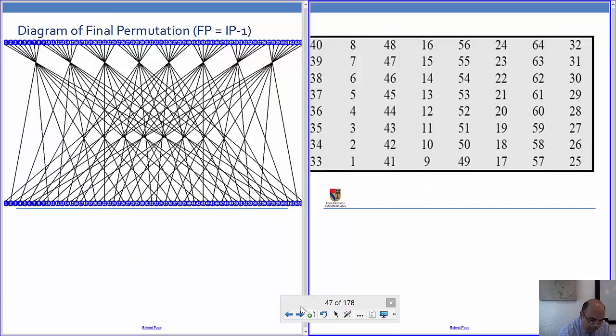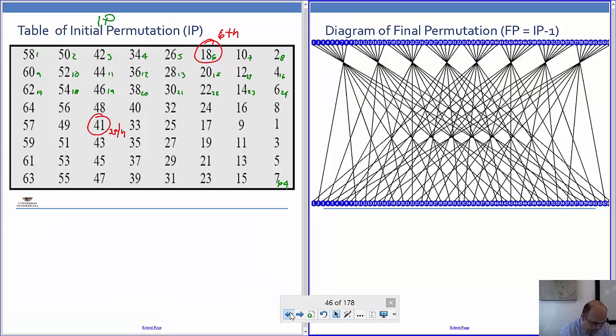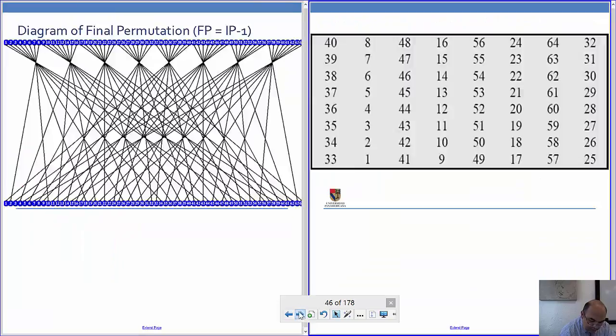Perhaps we can look at it better here. This is the reverse thing. Yeah, it's transposed, but where was the bit before? The 18 goes to 6. Now 6, this is 4, 5, 6, 7.